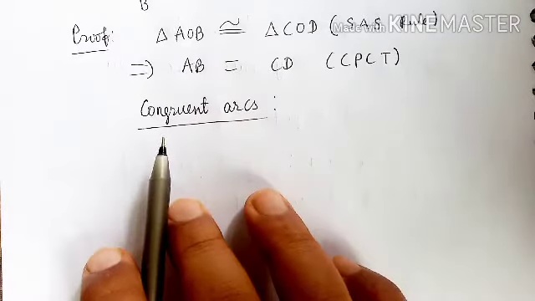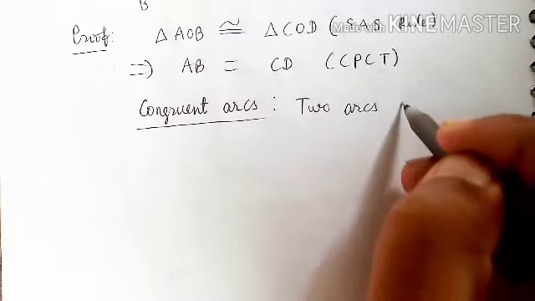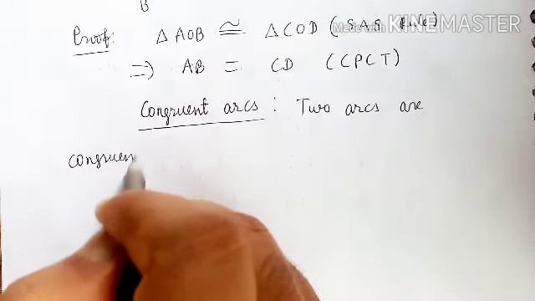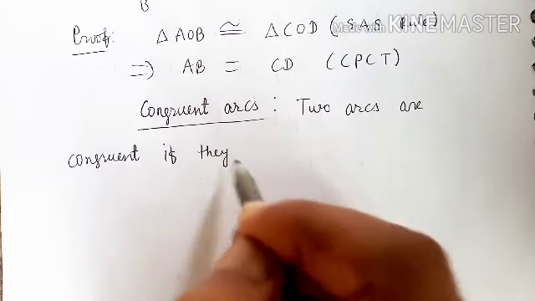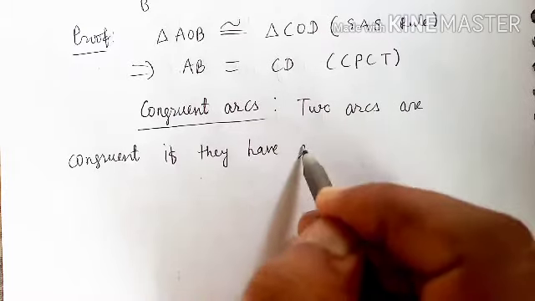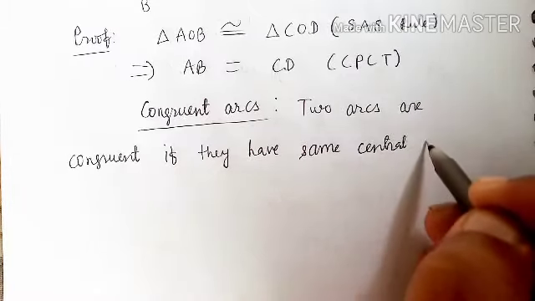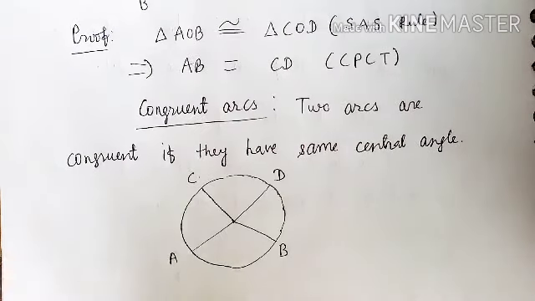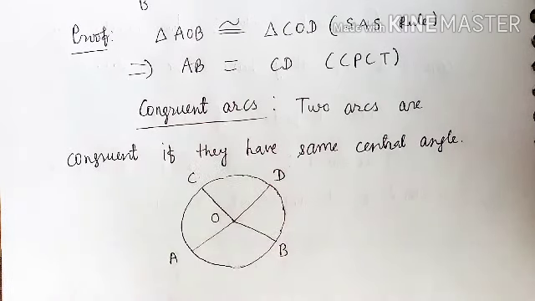Now congruent arcs. Two arcs are congruent if they have the same central angle. You can think about arc AB and arc CD of the circle.